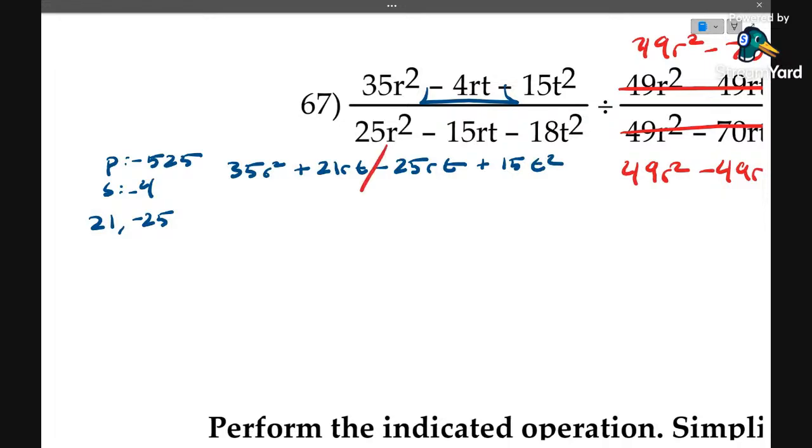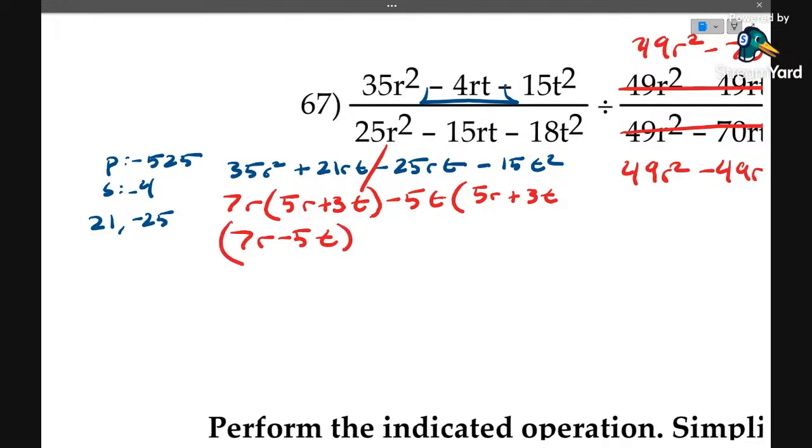Now we can factor by grouping. GCF of the first two is 7r, leaving us with 5r plus 3t. And then minus 5t, leaving us with 5r. Oh, that's a minus. Plus 3t. There you go. So our first numerator simplifies to be 7r minus 5t and 5r plus 3t. That's our first numerator.